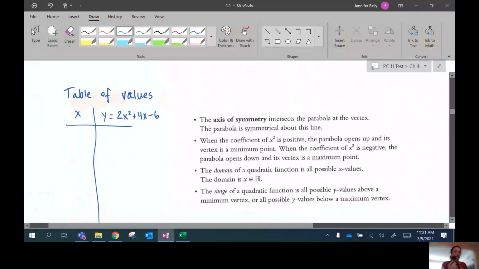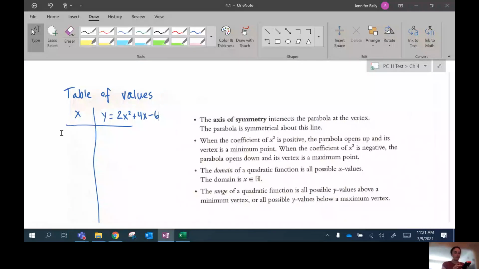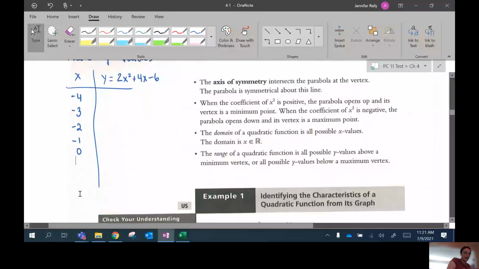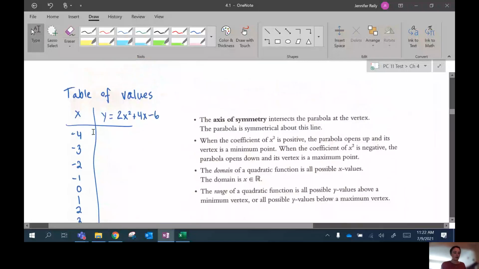I recommend using a calculator, and a lot of scientific calculators have arrow keys. Once you plug in the function once, you can just go back and change the number with the arrow keys, so you're not retyping the whole equation every time. If you're not sure what I mean by that, just come and see me, and I will show you to save time. I'm just going to show you what to plug in once, and then I'm just going to write the rest of the numbers here.